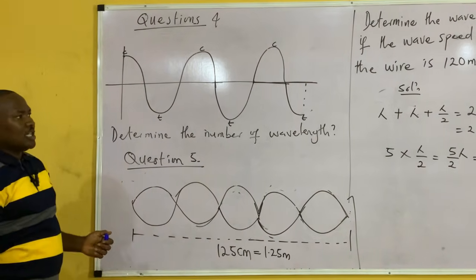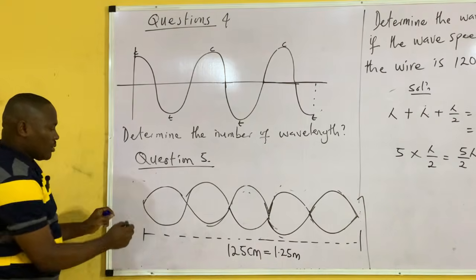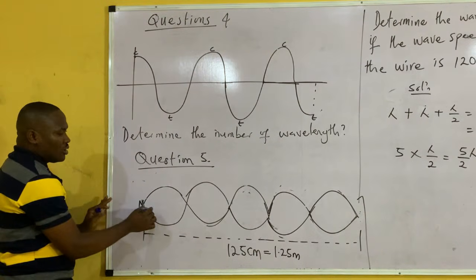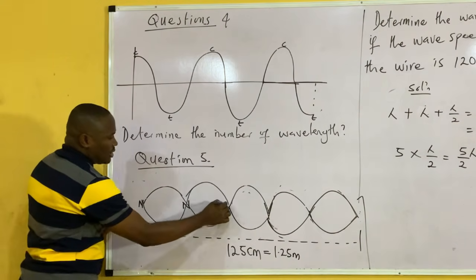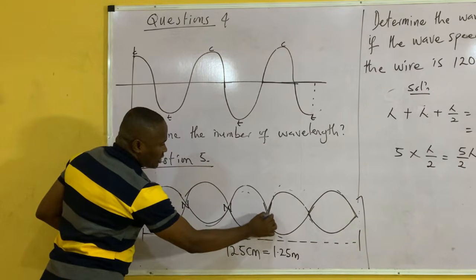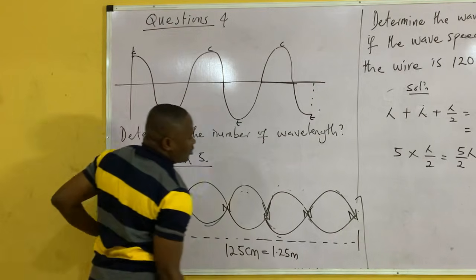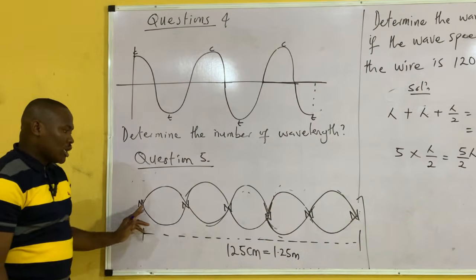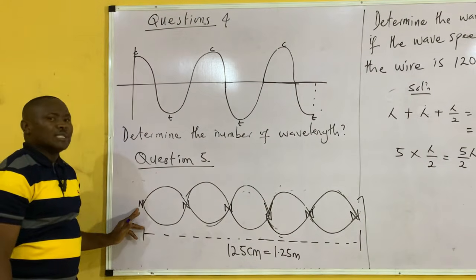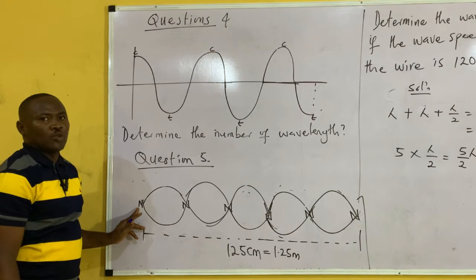Now, what's the next step to solve this? Remember, this is a node, this is a node, this point is a node, this point is a node, and this point is a node. And we said between a node and a node is lambda over 2, half a wavelength.